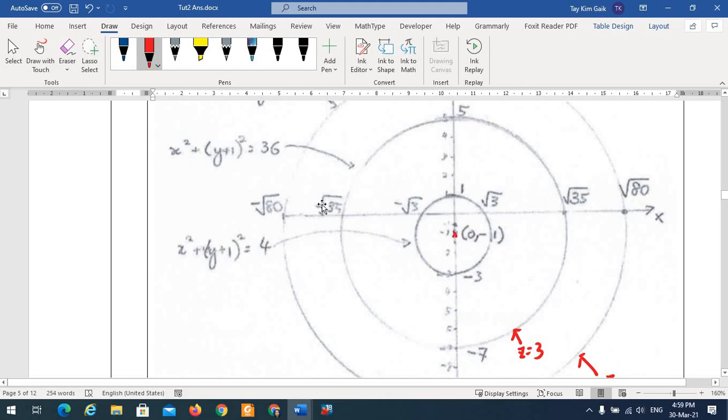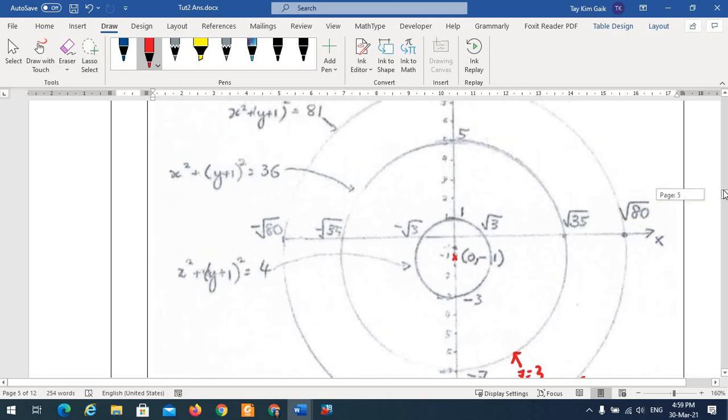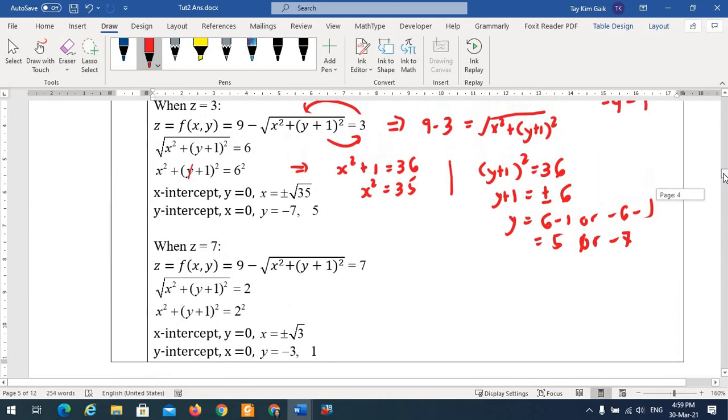And to get your x-intercept, let y equal to 0, and you get plus or minus square root of 35.